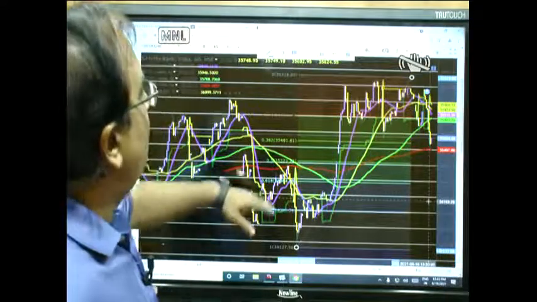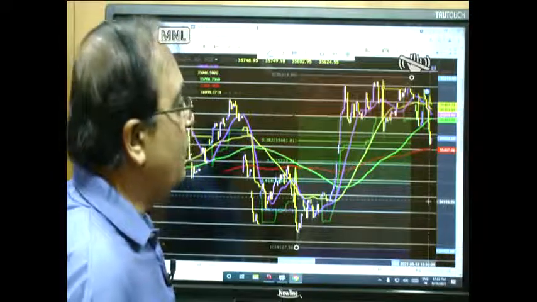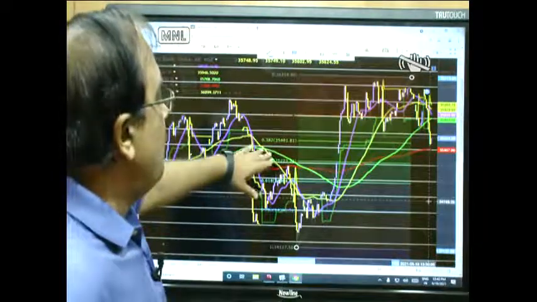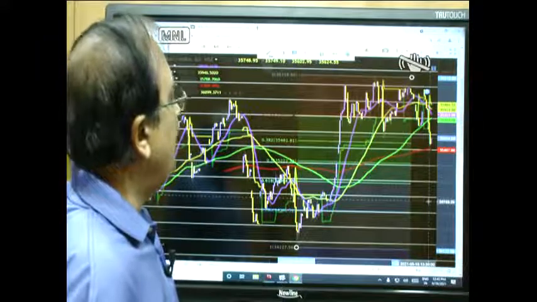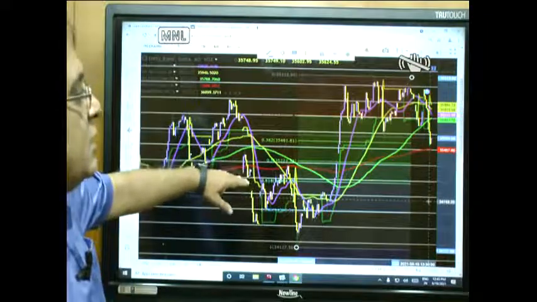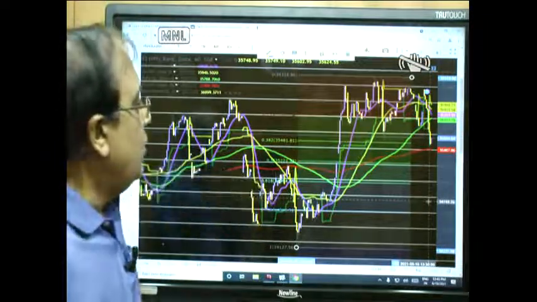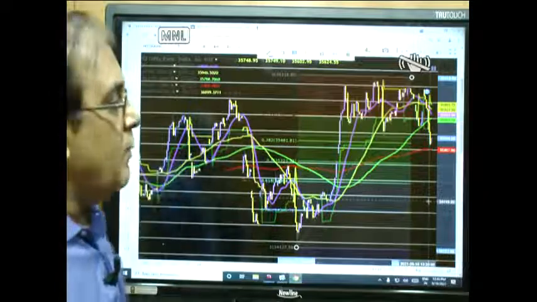So we can say 35,801 and 35,481 are the areas, and if 35,481 is broken, then you can put 35,881 as a stop loss. Then there is a chance that it can come down to 35,223 or this particular level. So these are levels where you have to monitor for again going for a buy position.